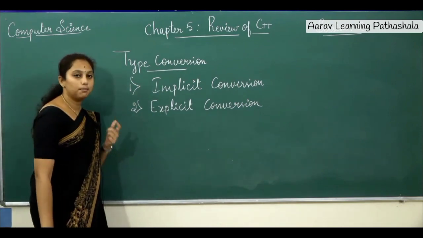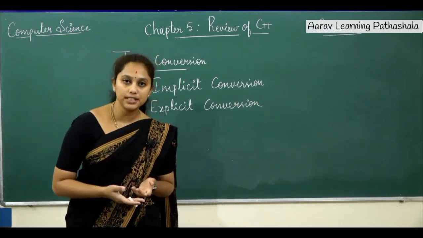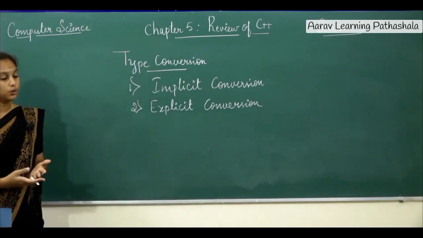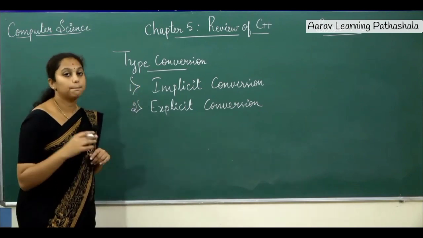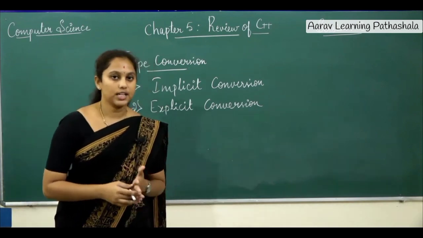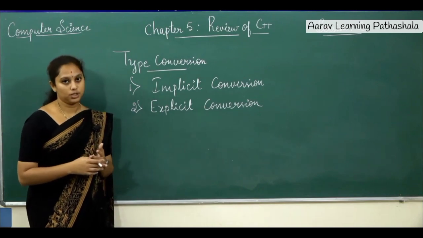When we are performing mathematical manipulations on operands which are of different data types, they will automatically undergo implicit conversion before evaluating the final result. This conversion takes place without the programmer's intervention.